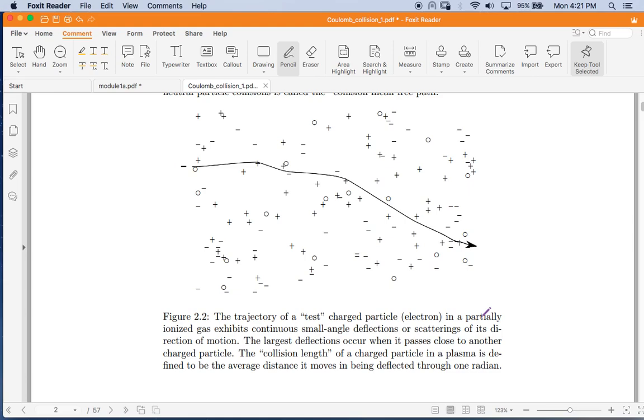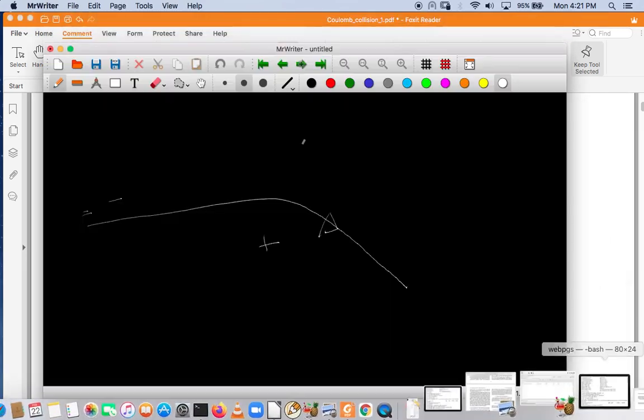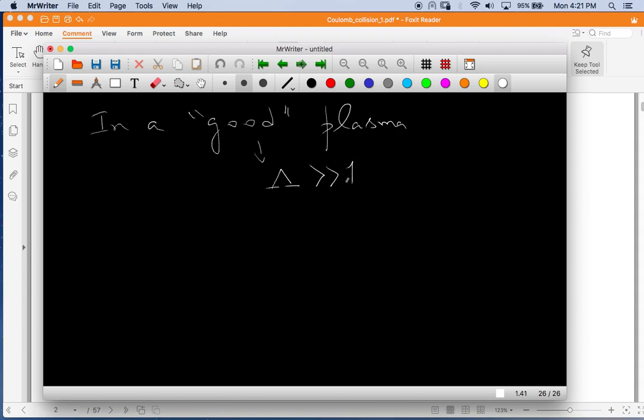Therefore, the thing that we need to keep in mind is that in a good plasma, what that means is that lambda, this plasma parameter, is much, much larger than 1.